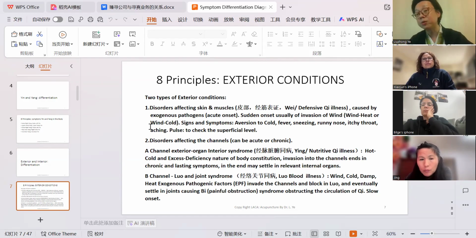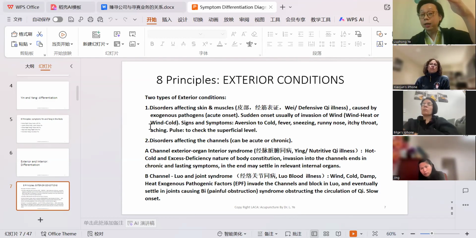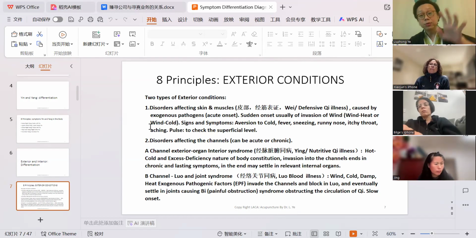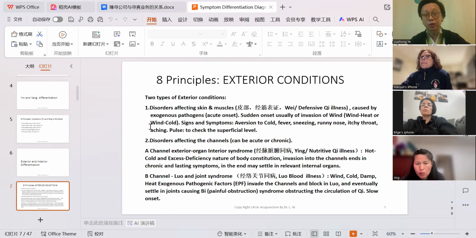But in the Yellow Emperor's book, when they talk about external conditions, it's not only the channel itself. They talk about even superficially on the skin and muscle levels. Exterior conditions include all these different depths, and at any of these depths, if it is affected, it will show up on the channel meridian points, especially on those 5 transporting points, and that's what meridian palpation is based on.